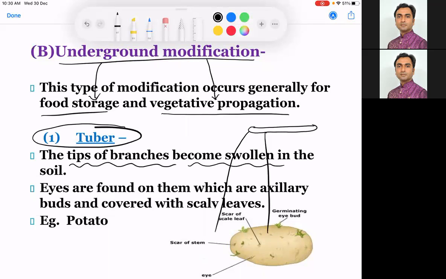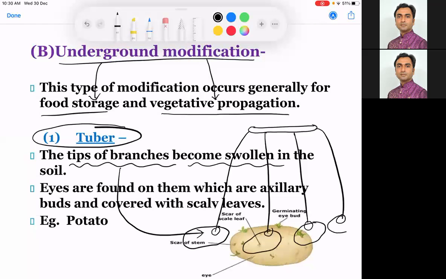So suppose there are 4 branches, each with a tip, which by storing food becomes the potato.